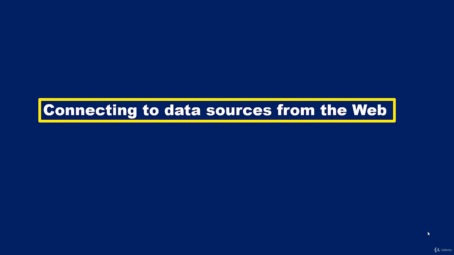In this video, I'll be showing you how to connect to a data source from the web. Imagine that you are trying to retire and you are looking for places to live, and you have some criteria that you want to check to make sure that the places you want to live meet those criteria.